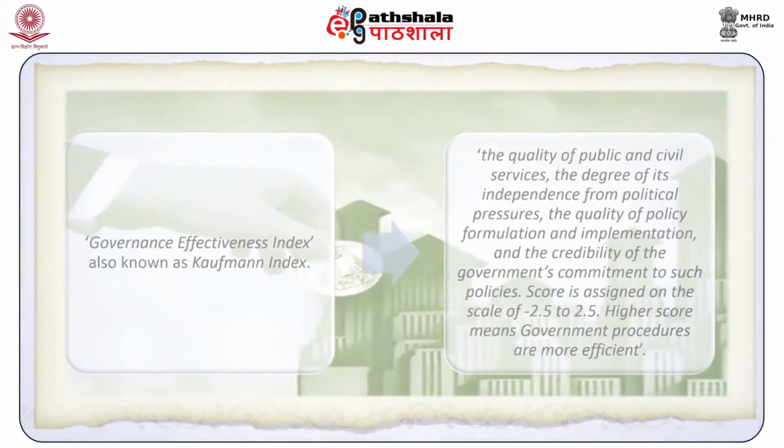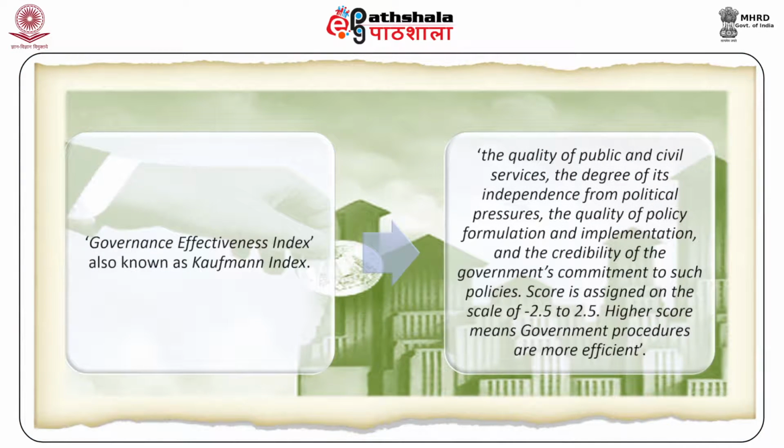uncertainty. This factor of institutional setup and governance has been included in the Governance Effectiveness Index, also known as the Kaufman Index. This index has assigned weightage and included the quality of public and civil services, the degree of its independence from political pressures, the quality of policy formation and implementation, and the credibility of the government's commitment to such policy.